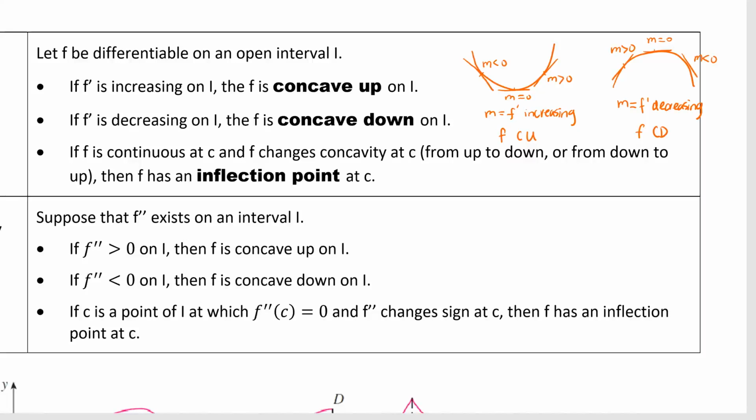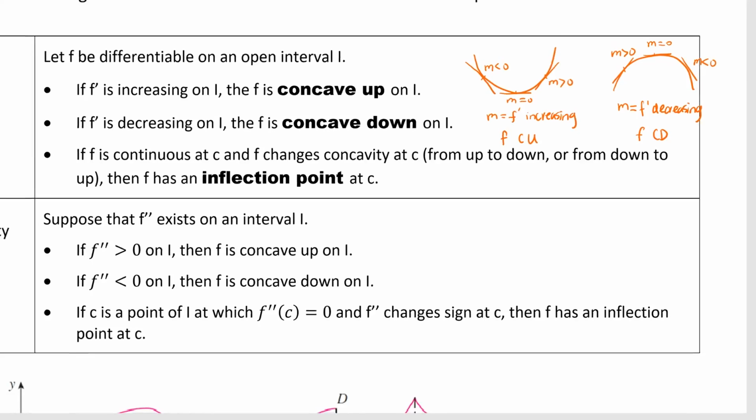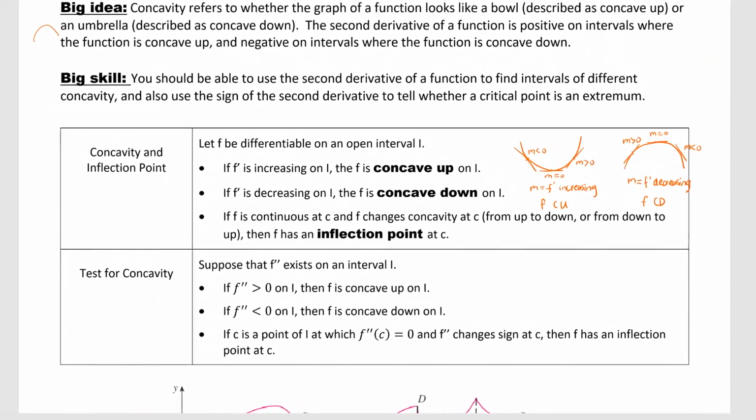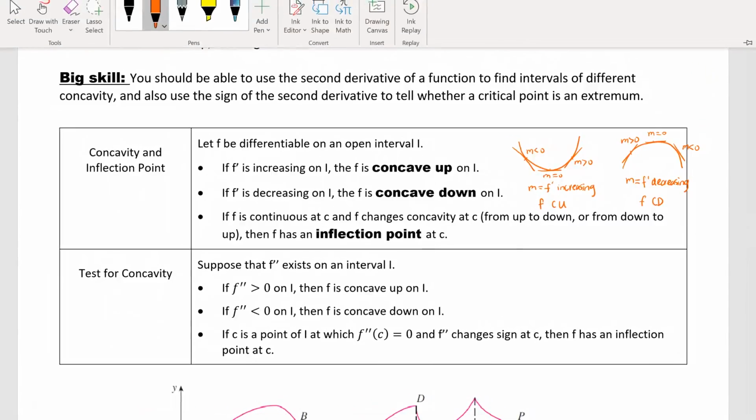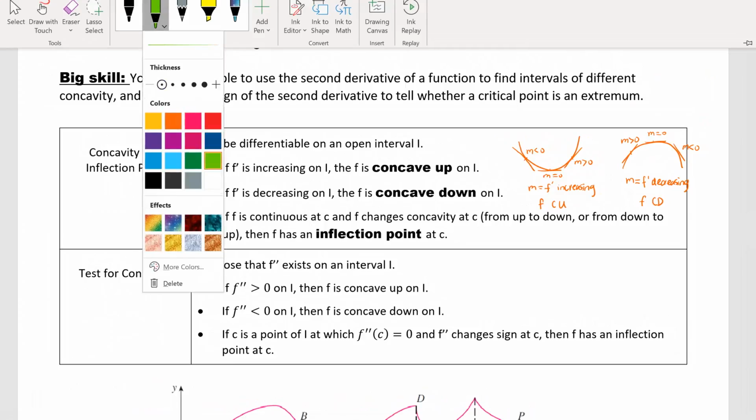If f is continuous at c and f changes concavity at c, from up to down or from down to up, then f has an inflection point at c. Okay, do you remember what a critical point is? Let me remind you.